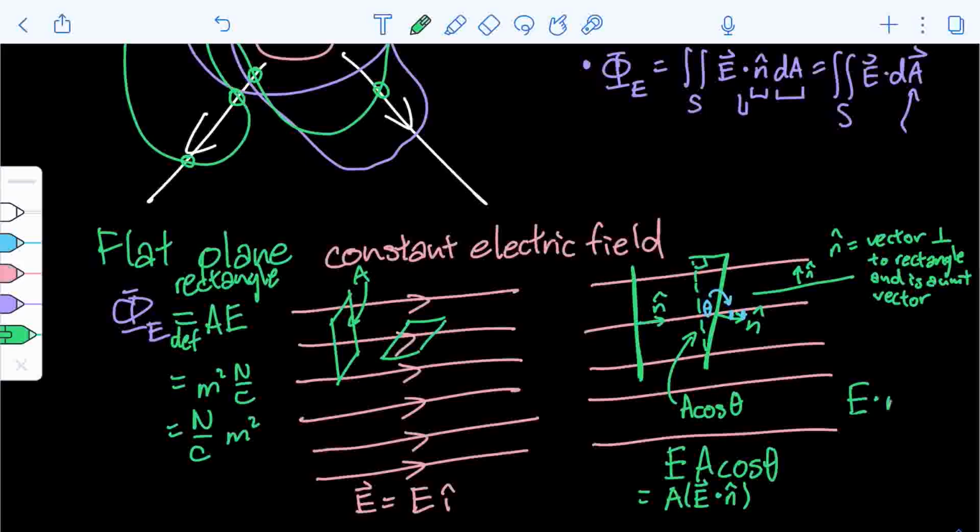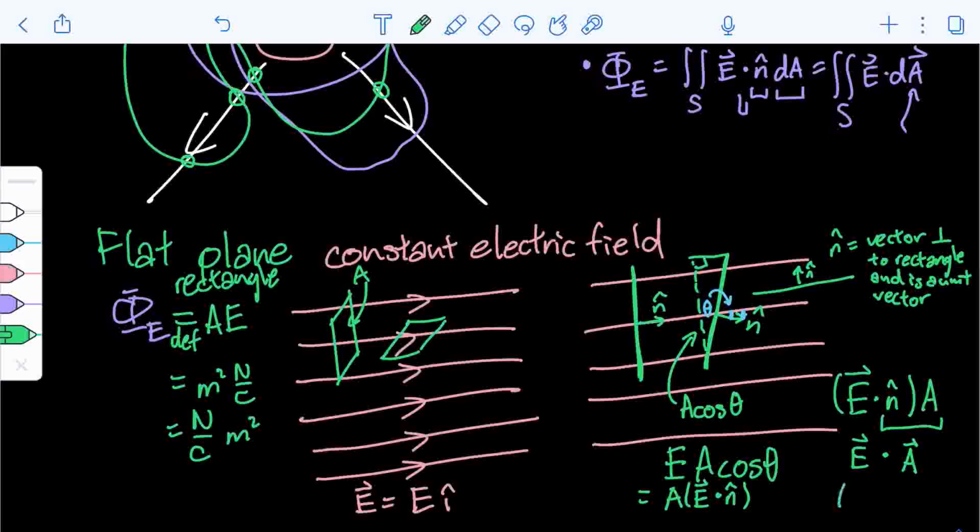Sometimes, if a math person, or a physics person, really wants to simplify things even further or write even less, they'll merge these two things together into a single vector, A vector. Not A hat, A vector. And instead write E vector dot A vector.